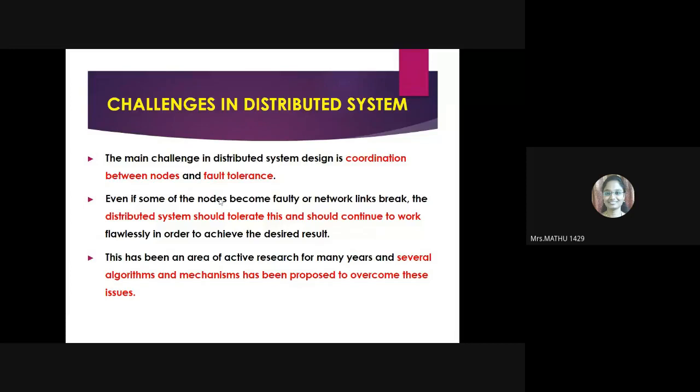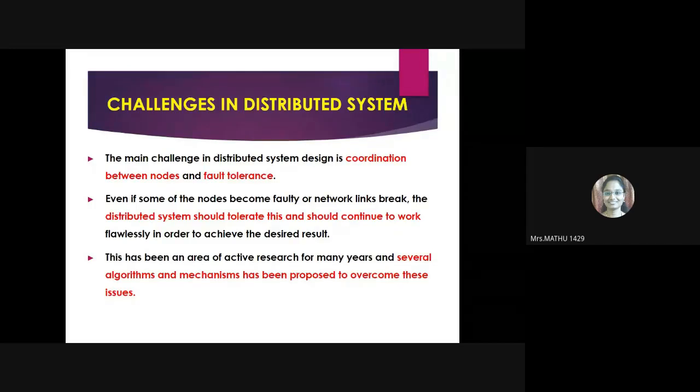To make coordination between nodes happen and to make the system fault tolerant, several algorithms and mechanisms have been proposed in past years, and this is an active area of research.